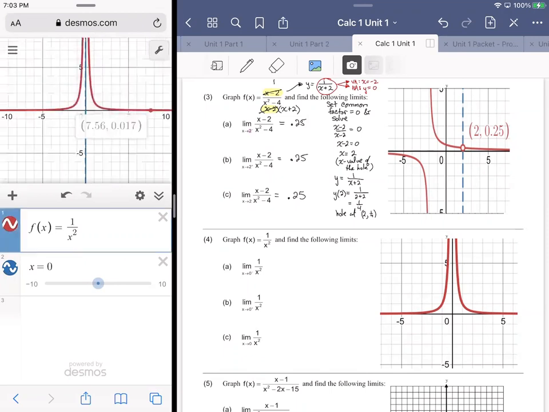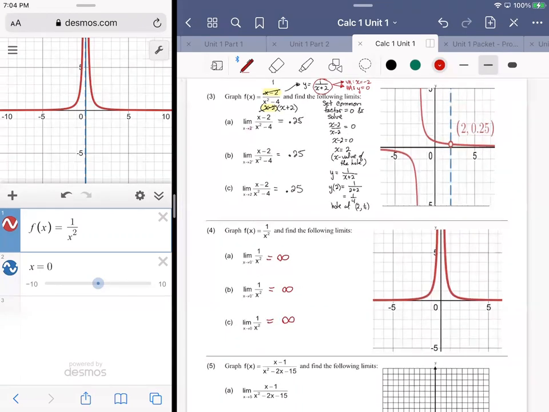Now that's also happening from the right-hand side. The same deal coming in from the right, we're going to positive infinity in both cases. So that would be my limit. Infinity from the left, infinity from the right, and so therefore the limit is equal to infinity.